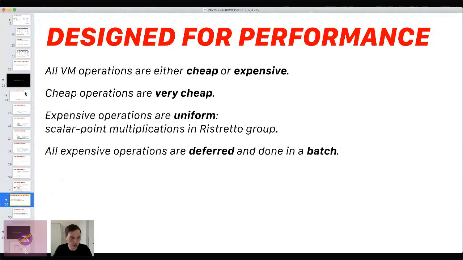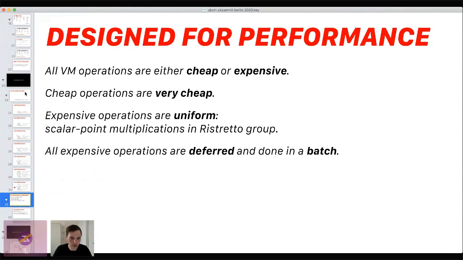So here's the cool part. The VM has two categories of instructions. Some are very cheap, so it's really just like parsing a transaction. But the expensive operations are all uniform. It's some elliptic curve operations, scalar point multiplications. And all of these expensive operations are deferred. So the whole system is designed to use these operations only to verify something.